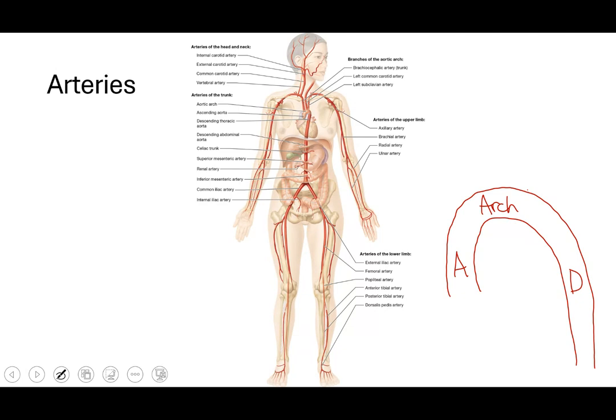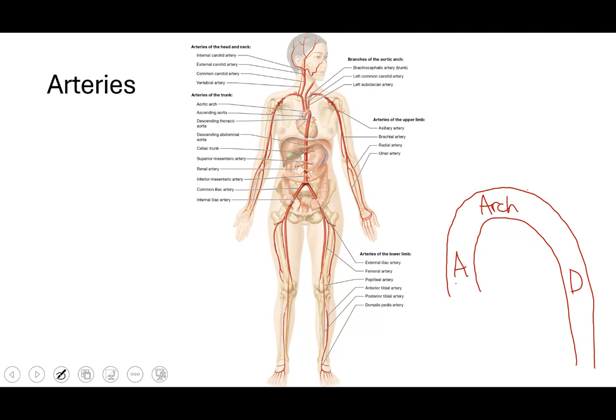We need to remember these labels, because if I'm asking you to trace blood from the ascending aorta to the medial side of the forearm, you need to be able to tell me every single structure that blood is going to pass through.